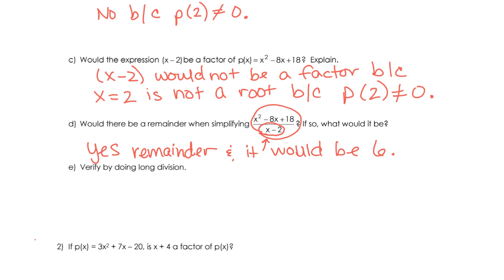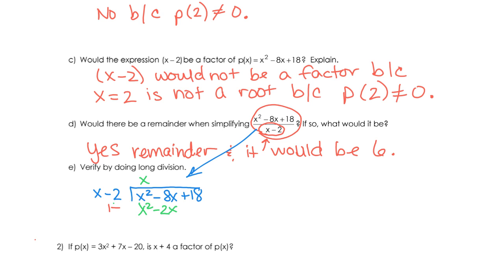Now in part E, they're going to ask me to verify using long division. So we're going to take that x minus 2 and divide it into x squared minus 8x plus 18. At the bottom, we should have a remainder. What we need up at the top is an x, so that x times x is x squared, and x times -2 is -2x.